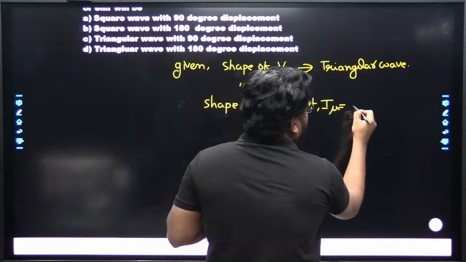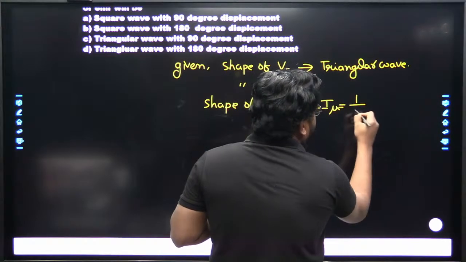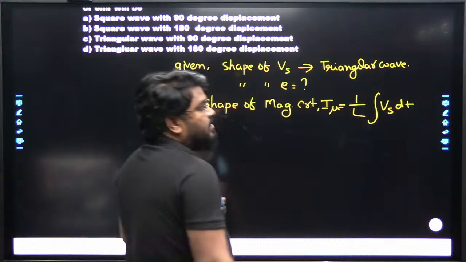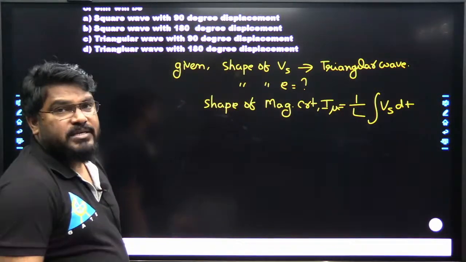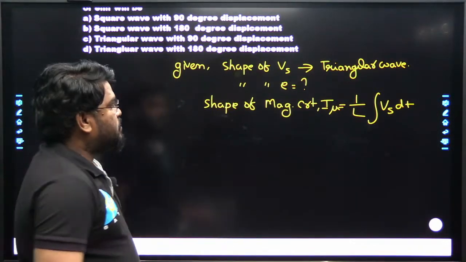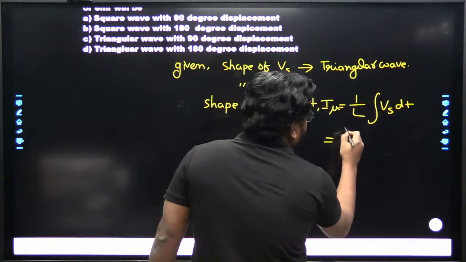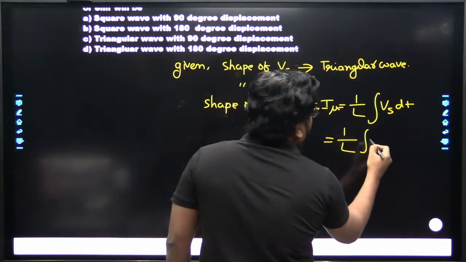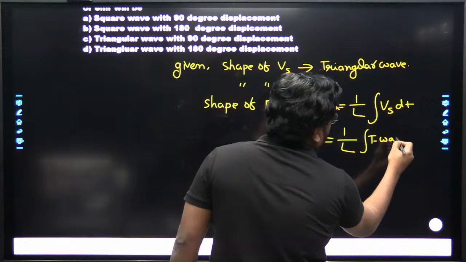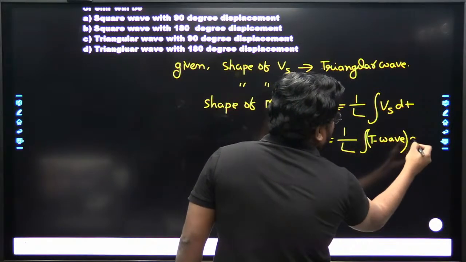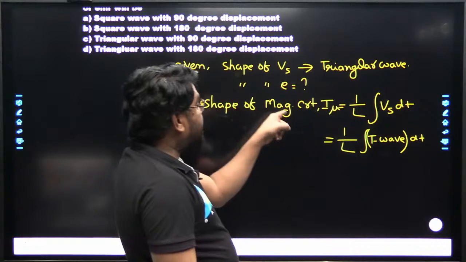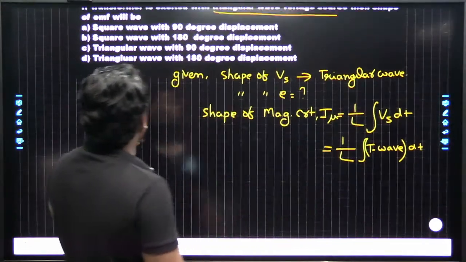It is equal to 1 by L integration of Vs dt, the integration of the supply voltage with respect to time. So 1 by L integration of the triangular wave with respect to time gives the shape of the magnetizing current.